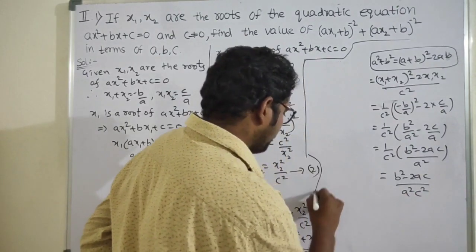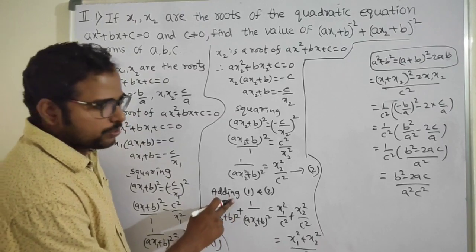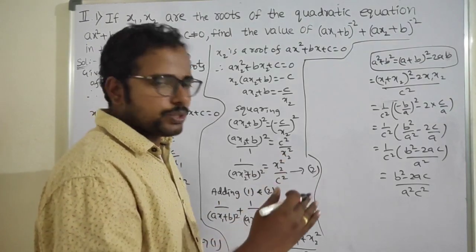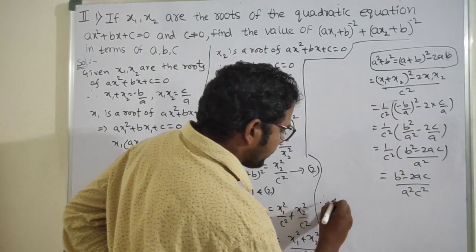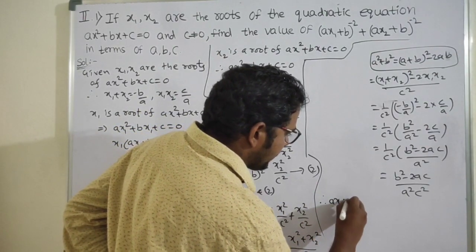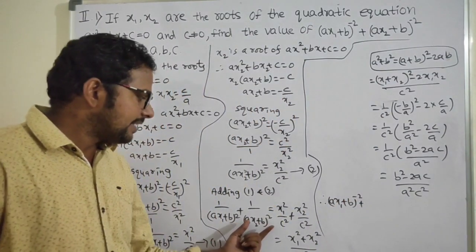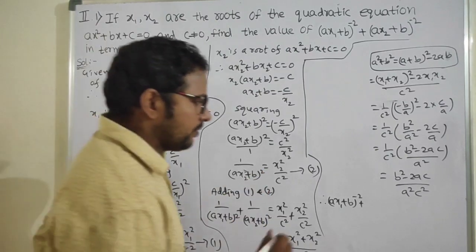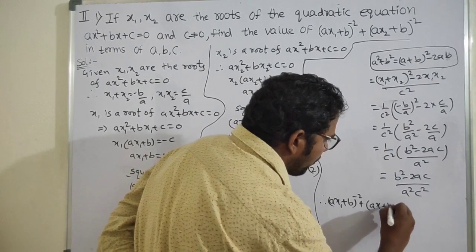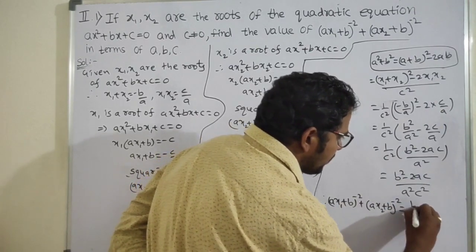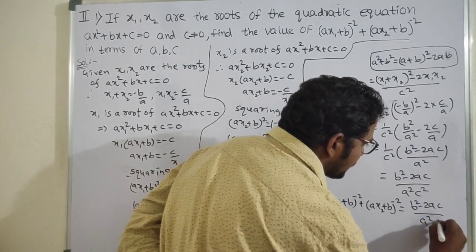What is the value? We can write 1 by x square as x power minus 2. So we can write this as ax1 plus b whole power minus 2 plus ax2 plus b whole power minus 2 is equal to b square minus 2ac by a square c square.